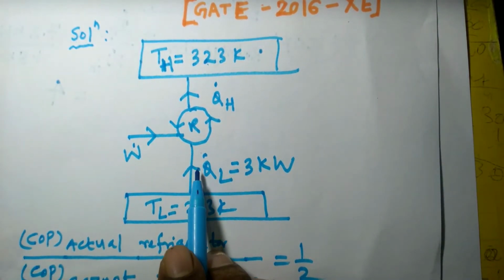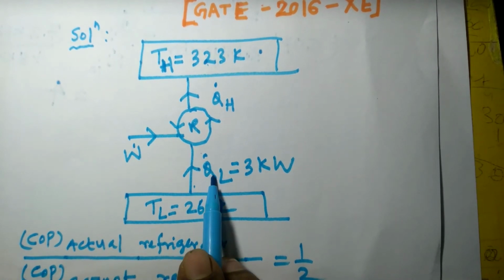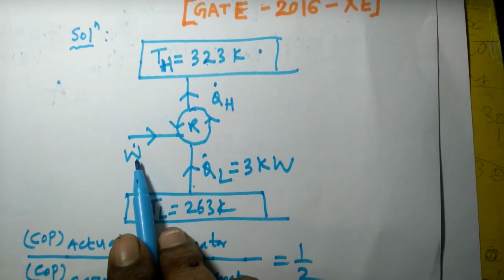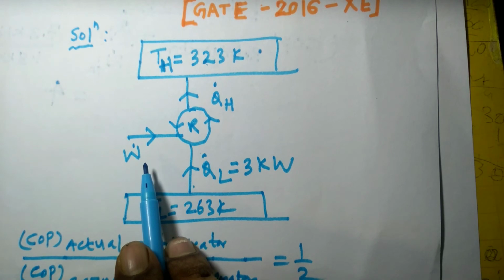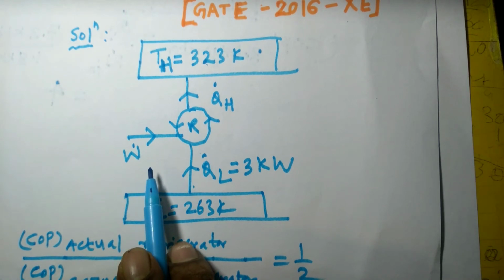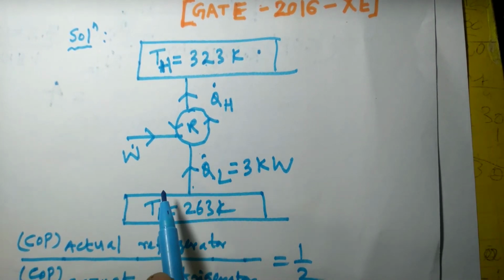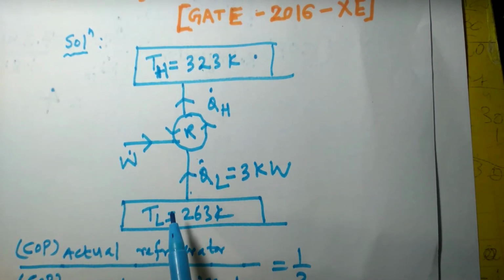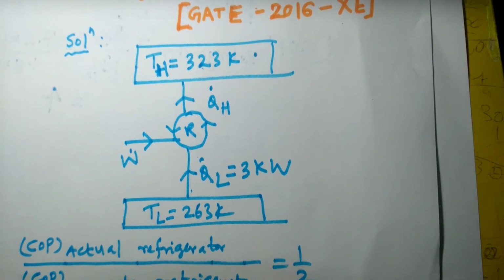But the COP of the actual refrigerator is Q dot L divided by W dot. One important thing: do not be confused that the COP of a refrigerator and heat pump can always be expressed in terms of temperatures.